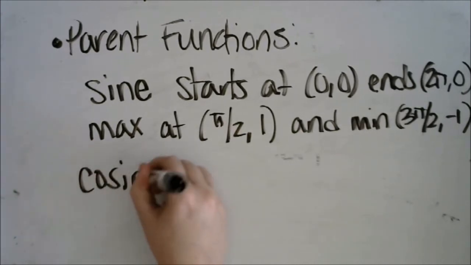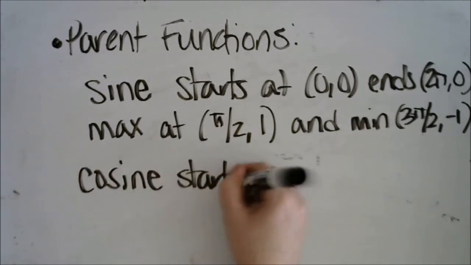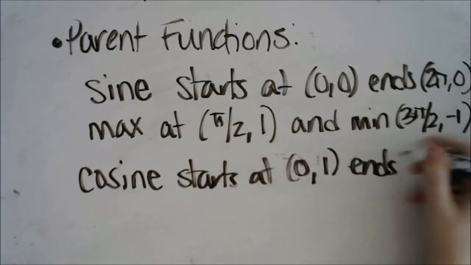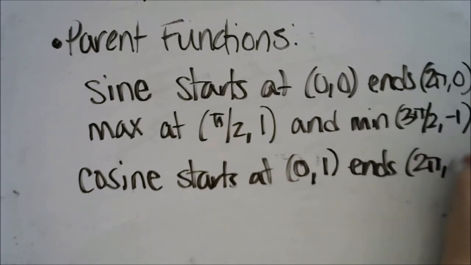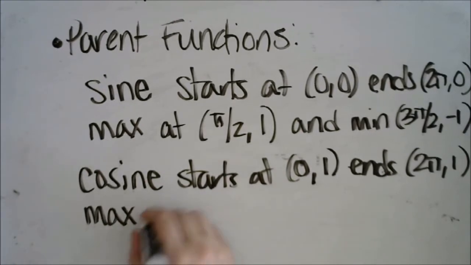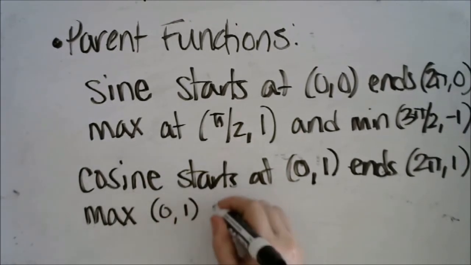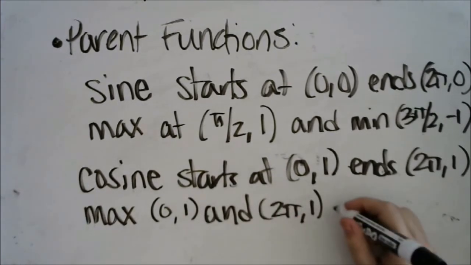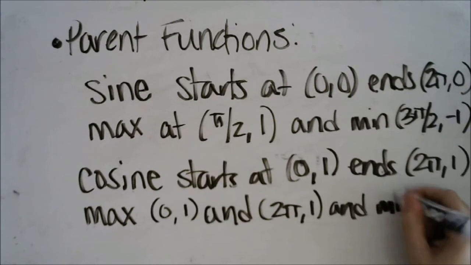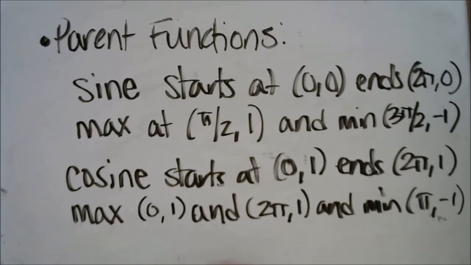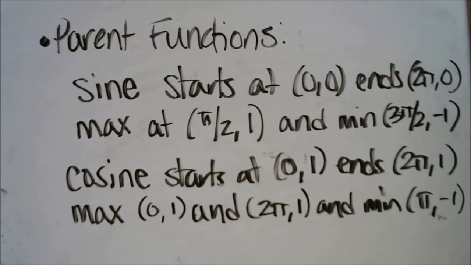Cosine starts at 0, 1 and ends at 2 pi, 1, maximizes at the start and end, and minimizes at pi, negative 1. From these parent functions, we can include an amplitude shift and a phase shift with the following changes.